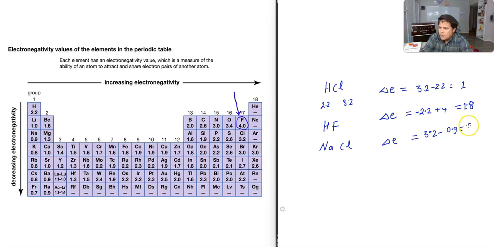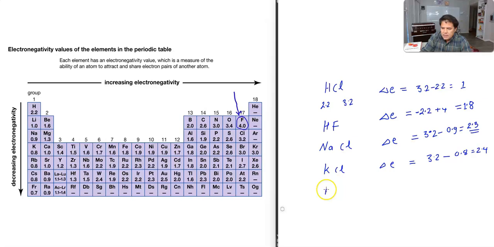So sodium chloride is 2.3. Similarly, for potassium chloride, KCl, chlorine is 3.2 minus potassium 0.8, and that is about 2.4.